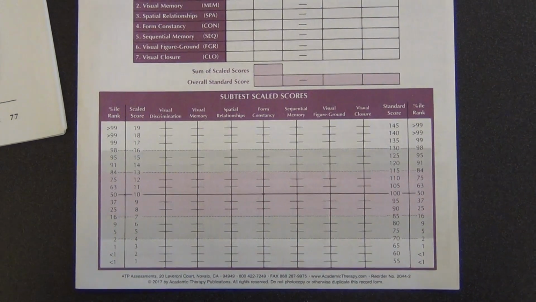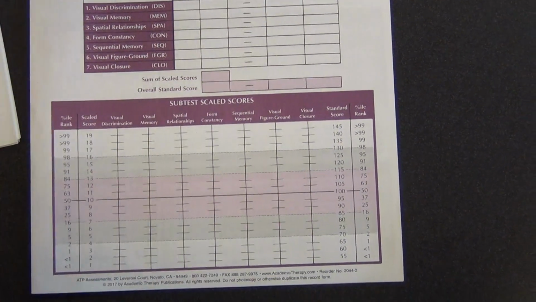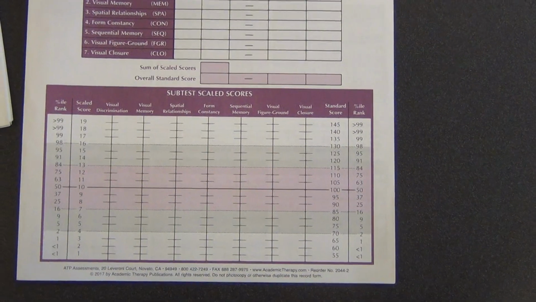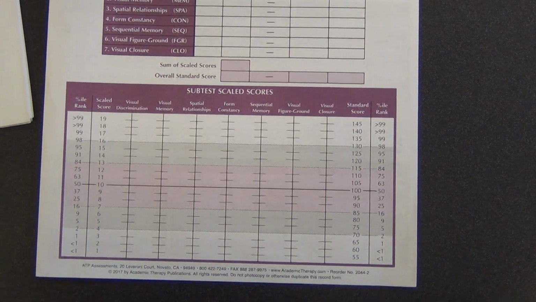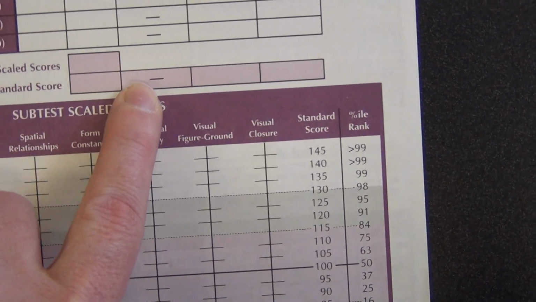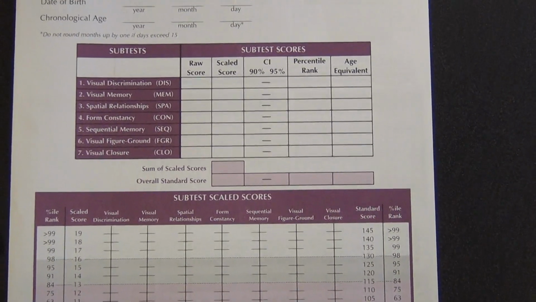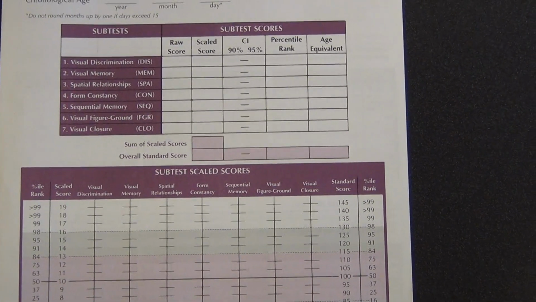Again, I'm overly simplifying it, but what you would do is take that standard score of 100, subtract 3, so that would be 97, and then add 3, so 103. And you would put here 97 to 103. And you can be 95% confident that your score would fall within that range. That's what that means.